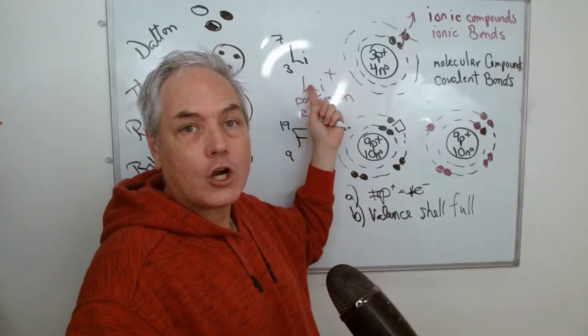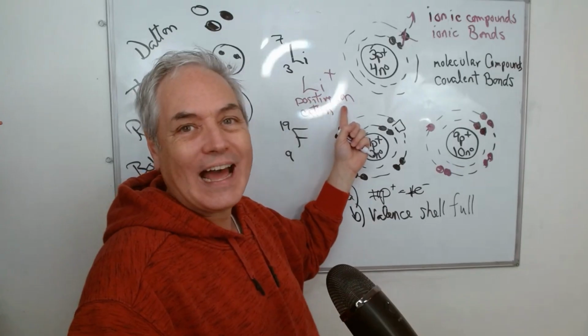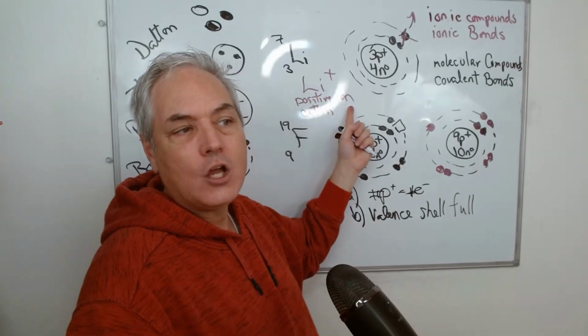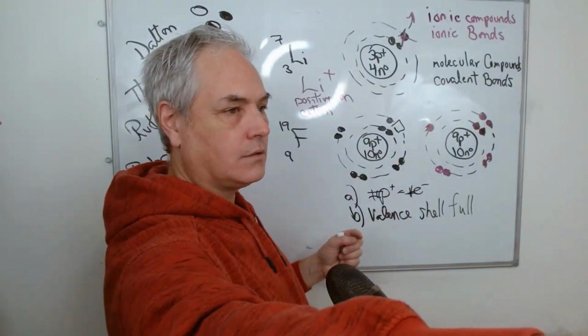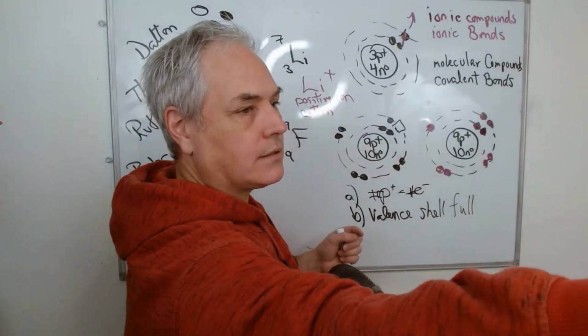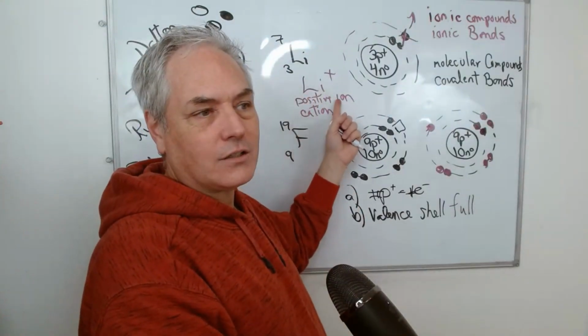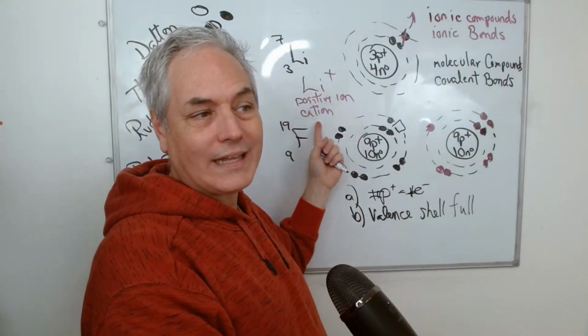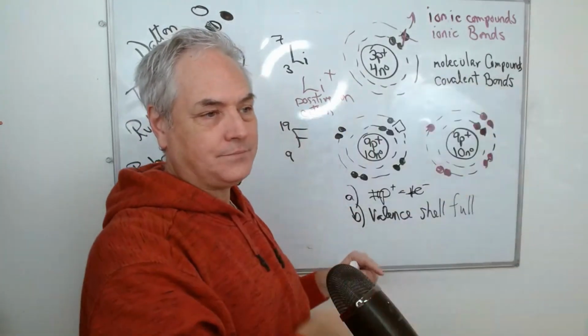When you have a charged particle, a charged atom, we have what we call an ion, I-O-N. So if you think here, positive ion. When you have a positive ion, the other word is cation. So that is the word I have for that.